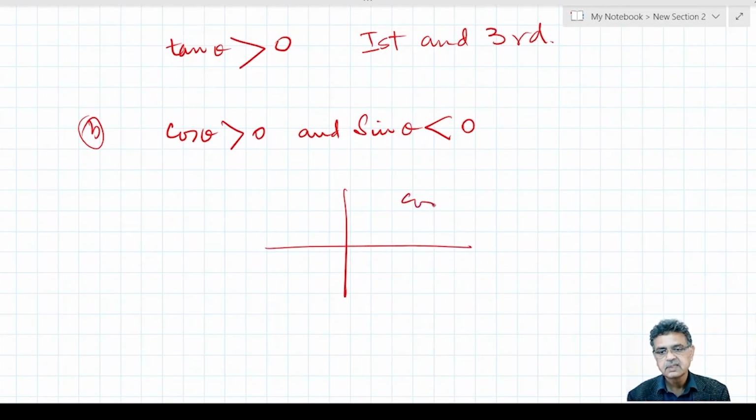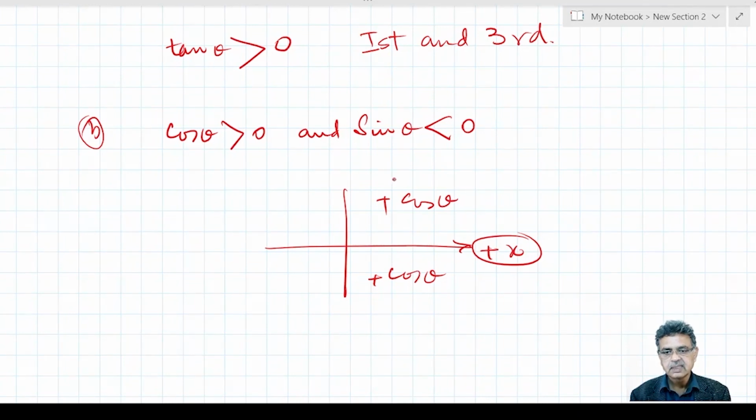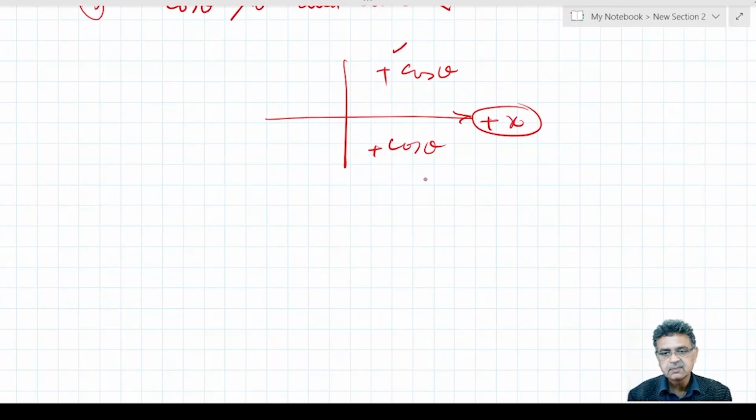Cos is positive here and here, in these two quadrants. And the reason is that x is positive here. Now sin is negative. Sin is positive here. So sin is negative in this quadrant because it is below the horizontal line.